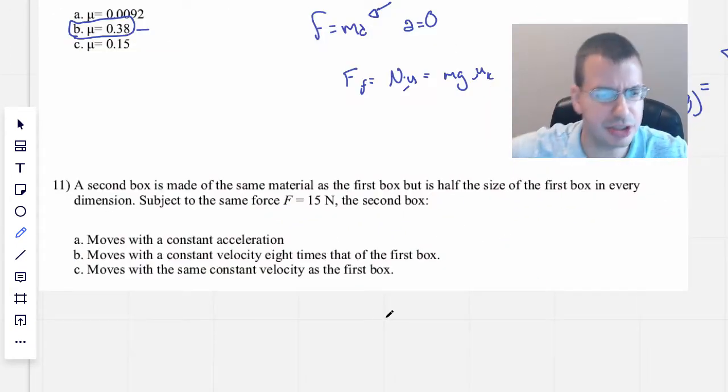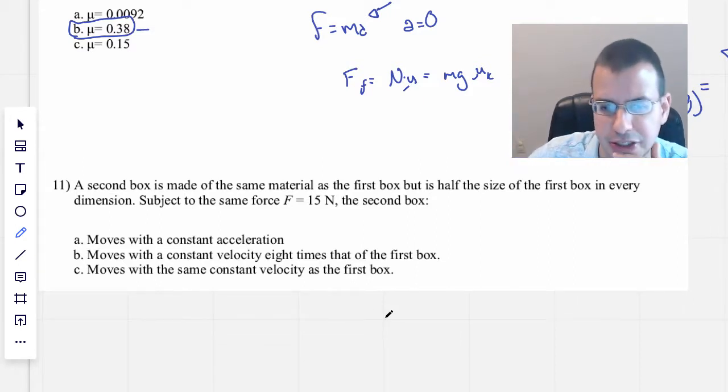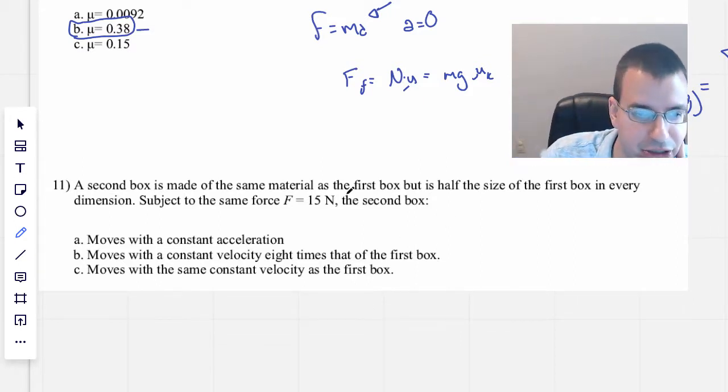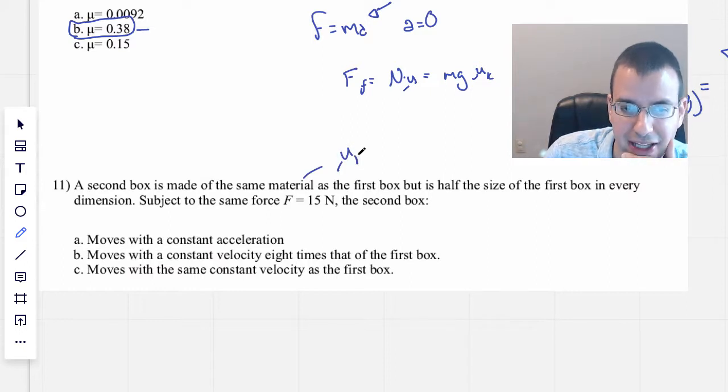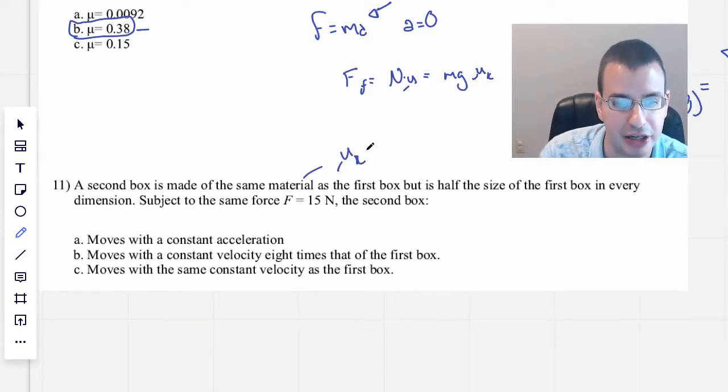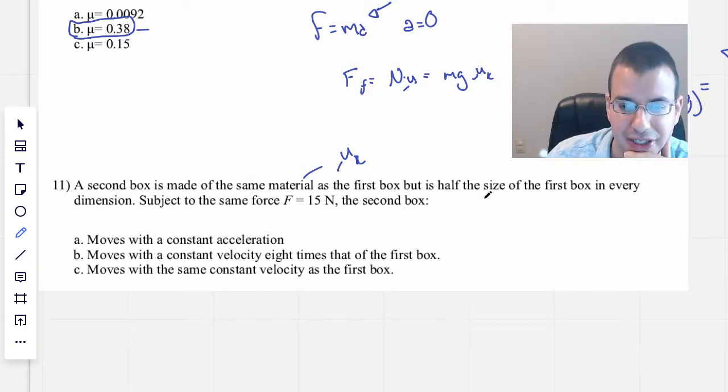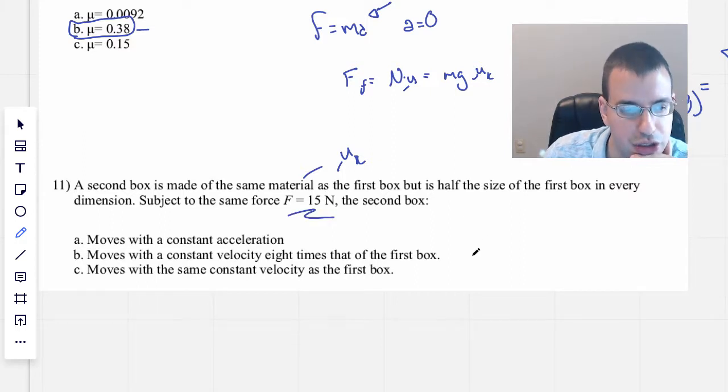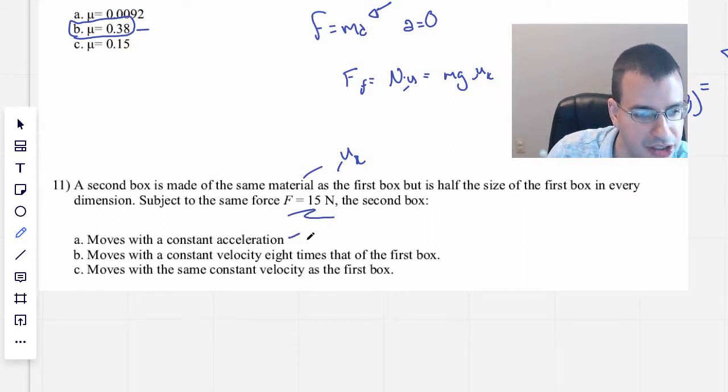Second box is made of the same material as the first box, but is half the size of the first box in every dimension. So, same material, meaning that the kinetic coefficient of friction will be the same, subject to the same force, 15 newtons. So we have a constant acceleration or a constant velocity.